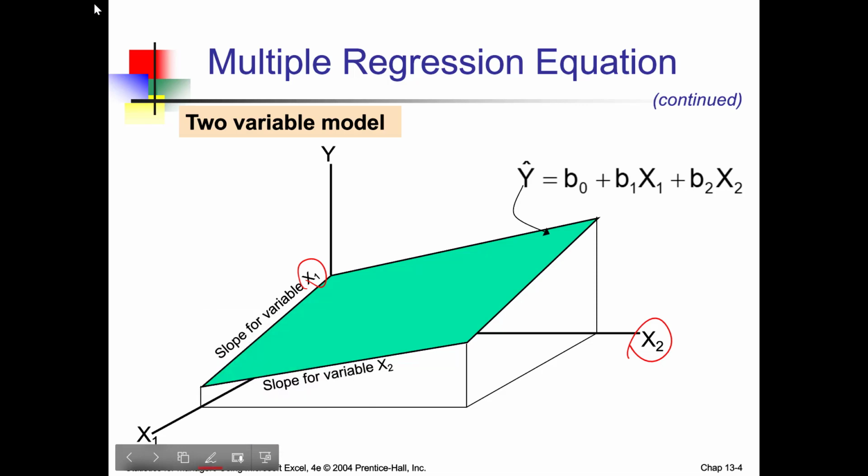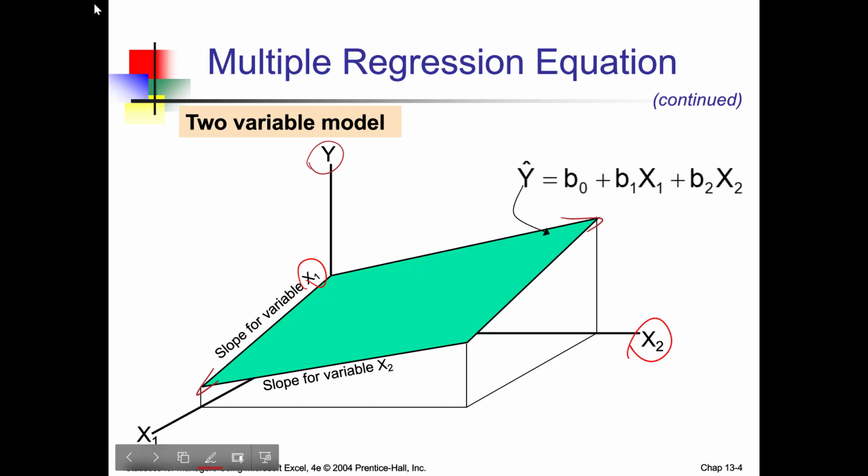So we come up with this 3-dimensional animation of the regression model, because independent variable number 1 moves in this direction and independent variable number 2 moves in this direction, and that shifts the dependent variable y.